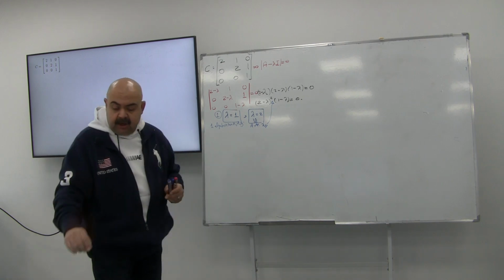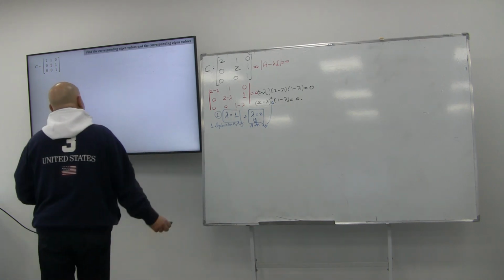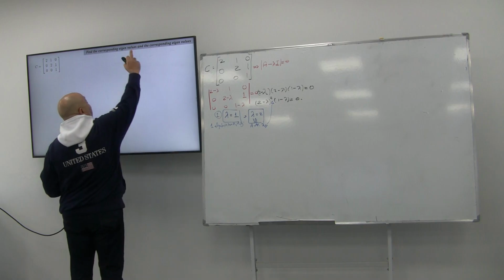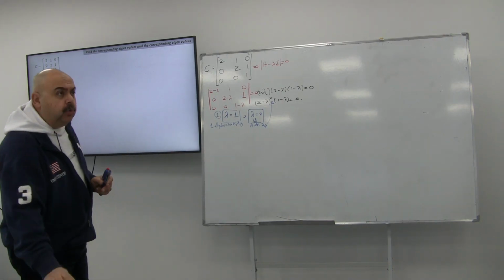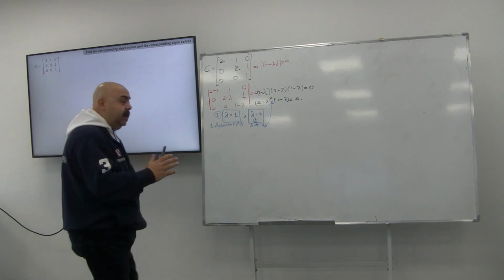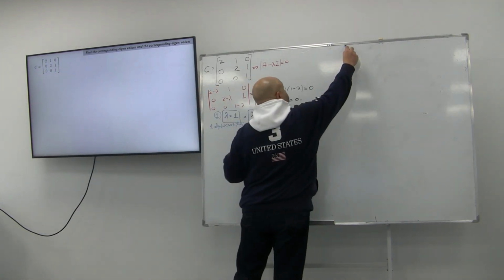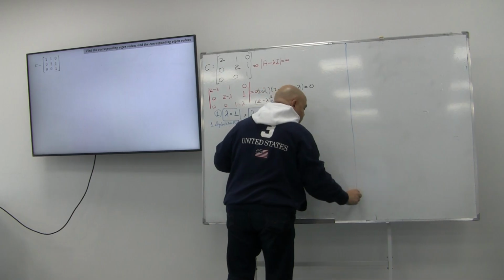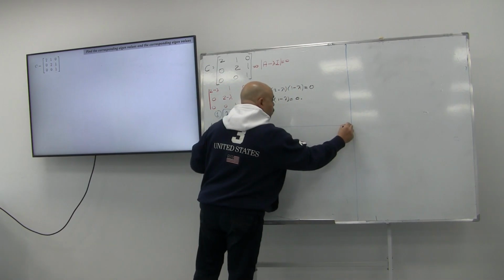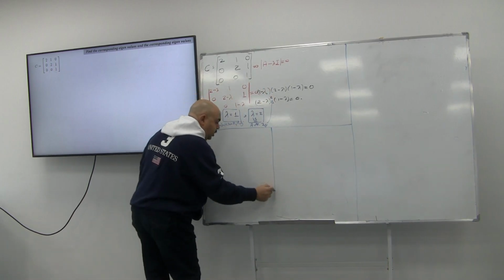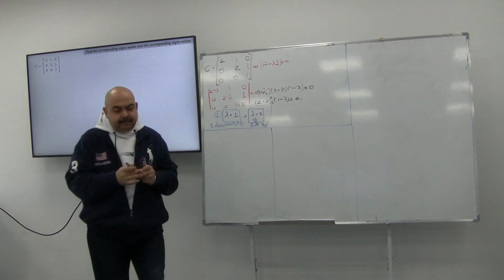So if I want to get the eigenvalues and also the eigenvectors corresponding to this problem, this is the first step that we have to do. For the second step, I will start with the following two steps.